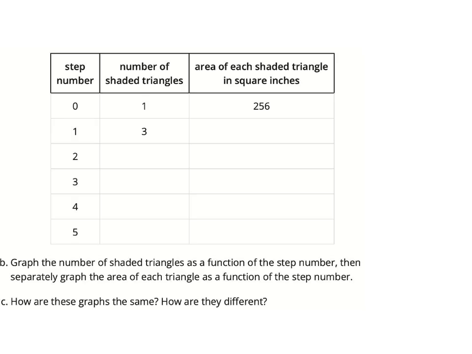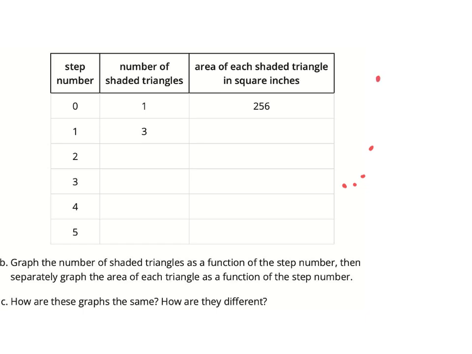Now, I did this on the second slide. Graph the number of shaded triangles as a function of the step number, and then graph the area. The step number was going up. Without even a formal graph, the first graph is 1, then 3, then 9, then 27, then 81.